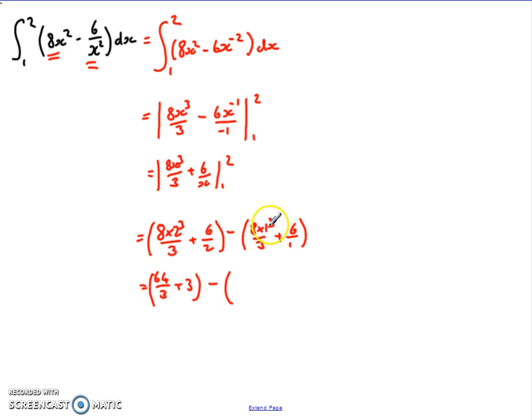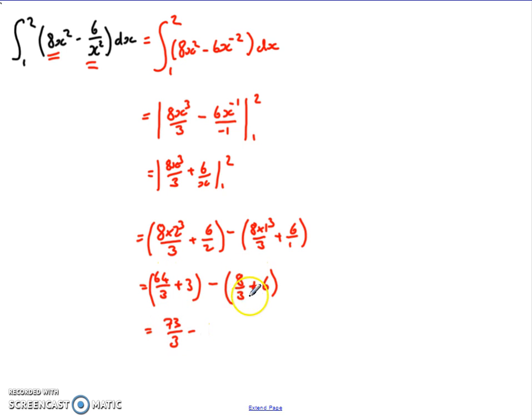Take away 1 cubed is 1, 8 times 1 is 8 over 3 plus 6 over 1, again a nice easy one, plus 6. Simplify each bracket on its own, then put the whole thing together. So 64 over 3 plus 3, well, 3 quite simply becomes 9 over 3, add it together and we get 73 over 3.